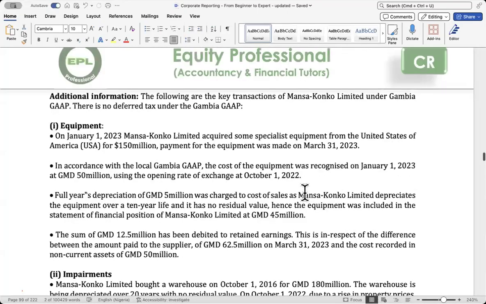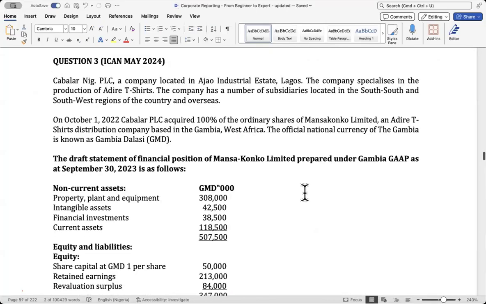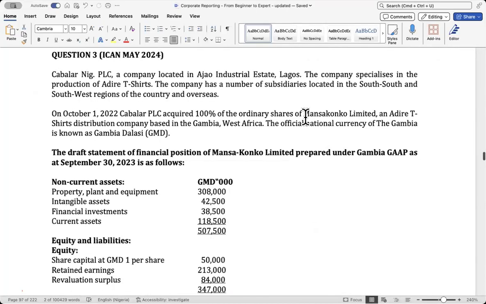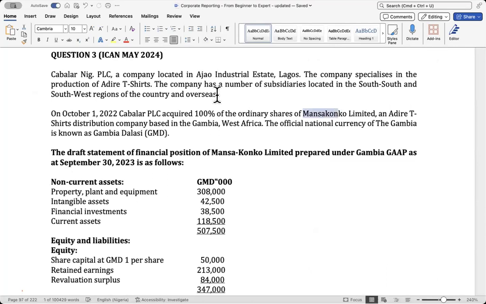So from what Gbemi has read, you know that Mansa is a subsidiary of Calabar, fully owned. And you also know that Mansa is in Gambia, and the official currency of Gambia is GMD. So they give us the statement of financial position of Mansa under Gambian GAAP.